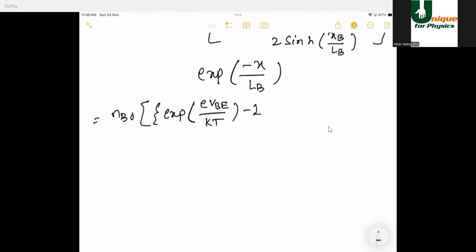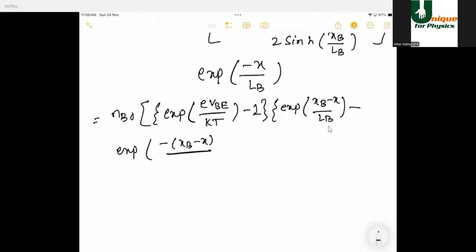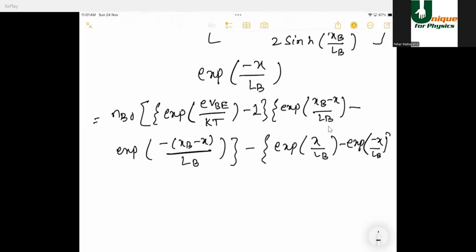Minus 1, take this out, and then we have e to the power xb minus x divided by Lb, minus exponential e to the power, taking minus out, xb minus x divided by Lb, minus x by Lb, minus exponential of e to the power minus x by Lb, right?